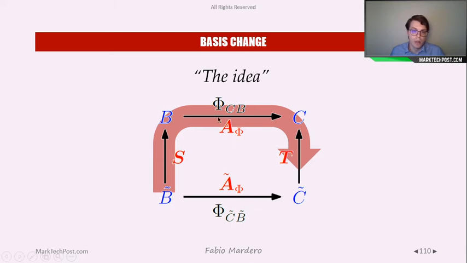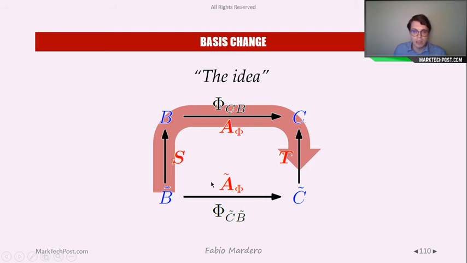So here we have A of phi. On the left we have the vector space V, and on the right the vector space W. Here is what we know: phi expressed with the B and C bases gives A of phi.